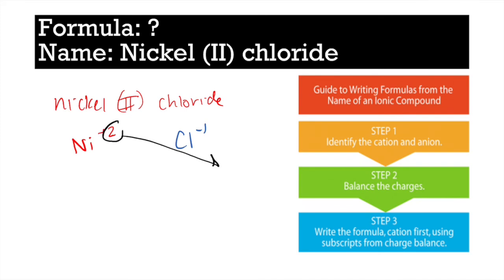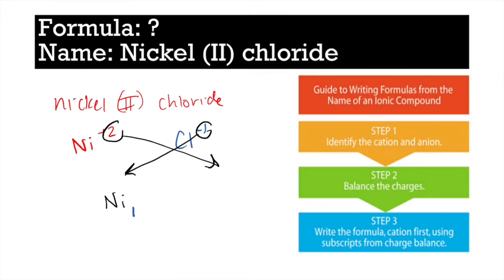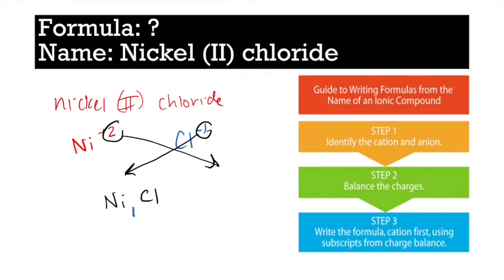So then you take that number, cross it down, take that number, cross it down. You get Ni with a little subscript 1 from chlorine. And then you get Cl with the subscript 2 from nickel. Again, if you have 1 in your formula, you don't need it. So you can simplify that to NiCl2. And that is it.